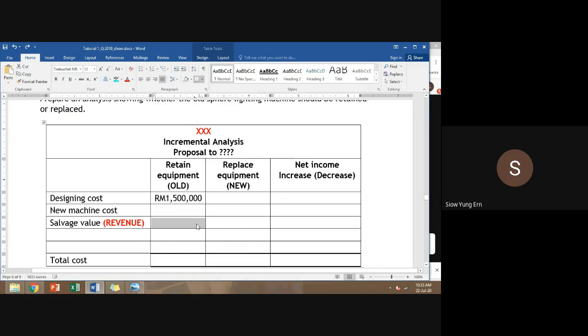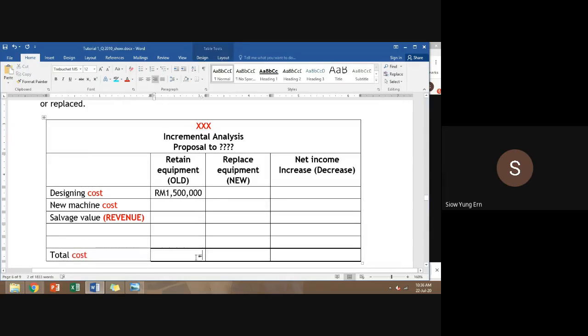Because you are not going to sell. You are going to retain. You are going to keep your old machine. So salvage value, 0. Okay, so since this is cost and this is cost, salvage value is a revenue. So you just add up and you get total cost.